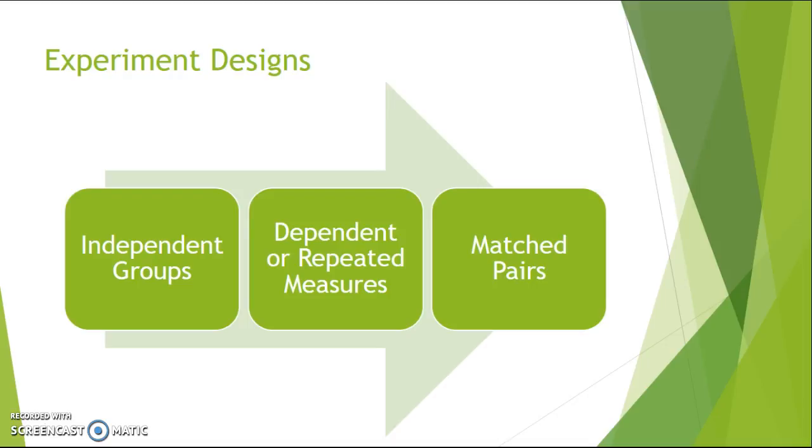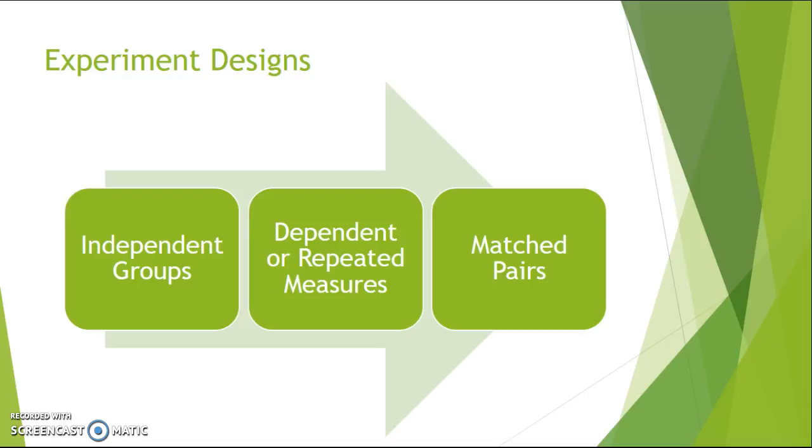Repeated measures, so if we're using the same example, you're going to take the same group of people, put them in condition A, where they're being watched, and take notes, and then you're going to put them in condition B, where they're not being watched, and compare the data. Matched pairs, you're going to get 2 similar people with similar characteristics, so you might get 2 introverts together, 2 extroverts together, 2 people with basketball knowledge and skill who've been playing for a long time, so experience, and then people who aren't experienced.